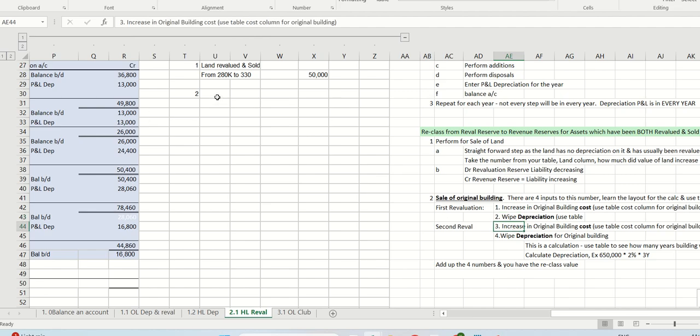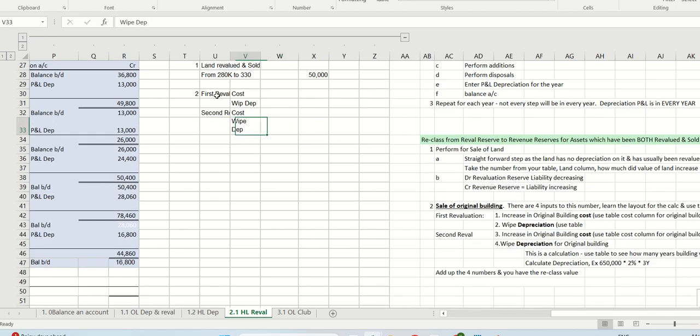We're going to have the first reval, and we're going to put in the cost, and we're going to put in the wipe of the depreciation. Then we're going to have the second reval, the cost, and the wipe of depreciation.